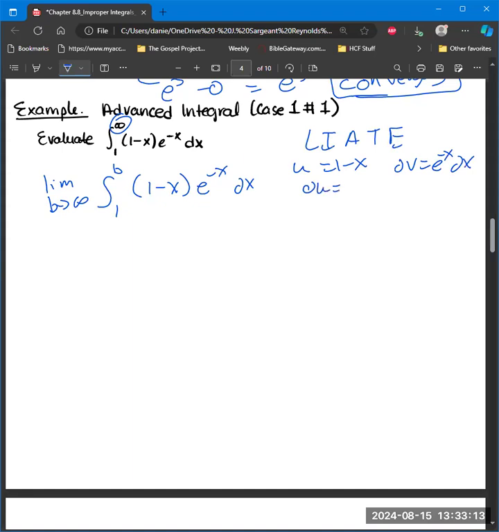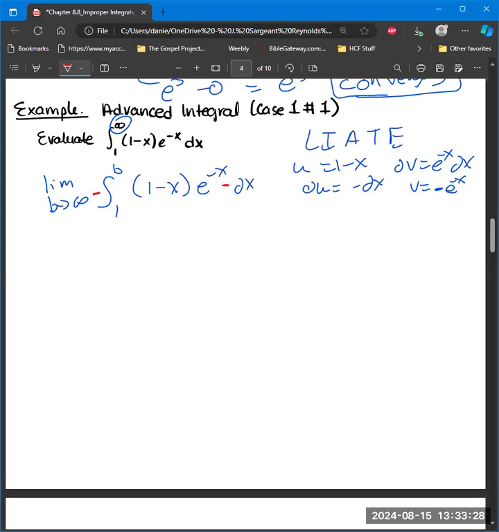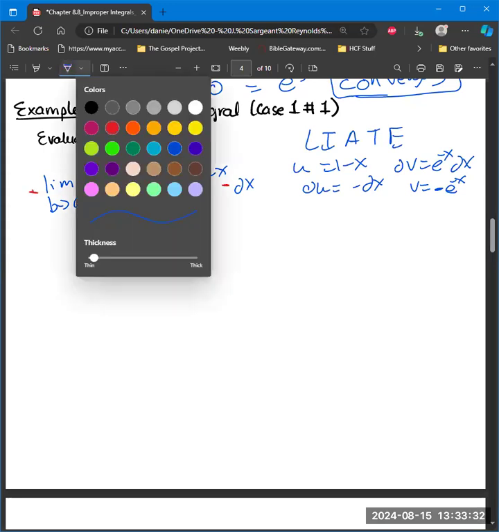So du is going to be a negative dx and v is going to be a negative e to the negative x. So I need a negative and a negative here, the negative all the way out front. Let's not lose track of it.